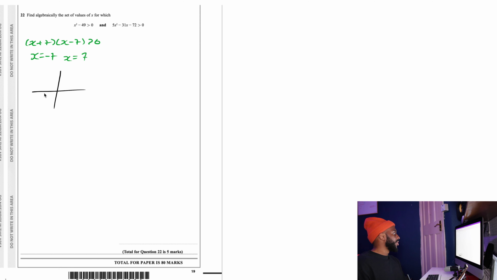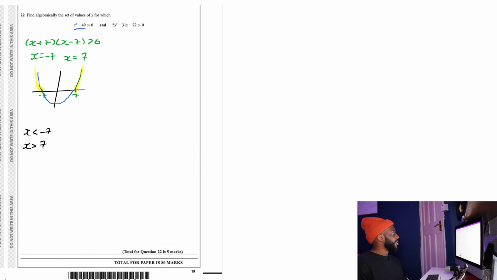So it's going to be a curve and it's going to go through minus 7 and 7. So a quick sketch would look like that. And we want the side that is greater than 0, which is going to be these 2 lines. That's above our x-axis. So then our inequality is going to be x is less than minus 7, because that gives us this side, and x is more than 7, because that gives us that side.